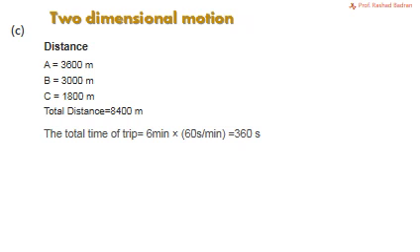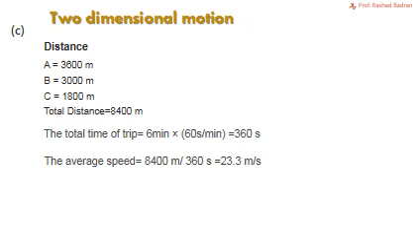So the total time of the trip is 6 minutes multiplied by 60 to convert it to seconds, and then we divide the total distance of 8,400 meters by the elapsed time of 360 seconds. You're going to get an answer of 23.3 meters per second.